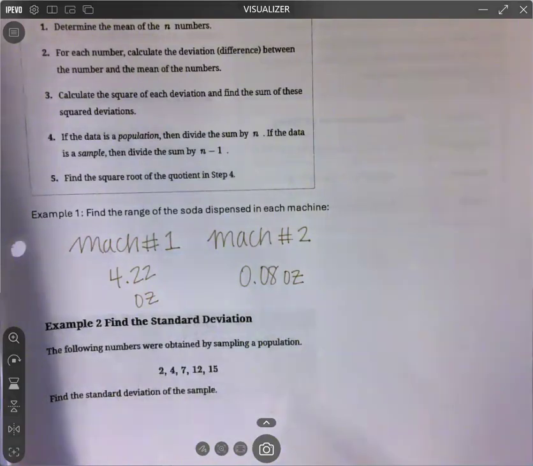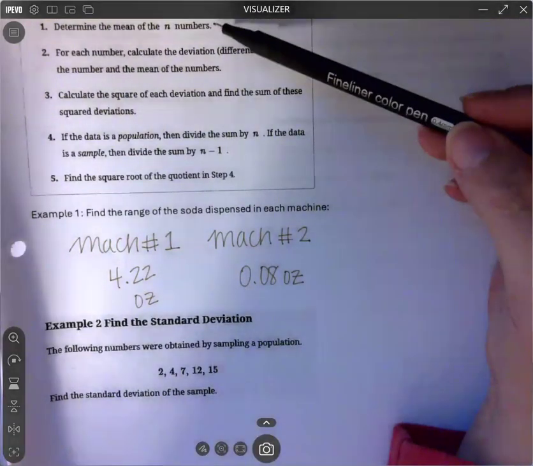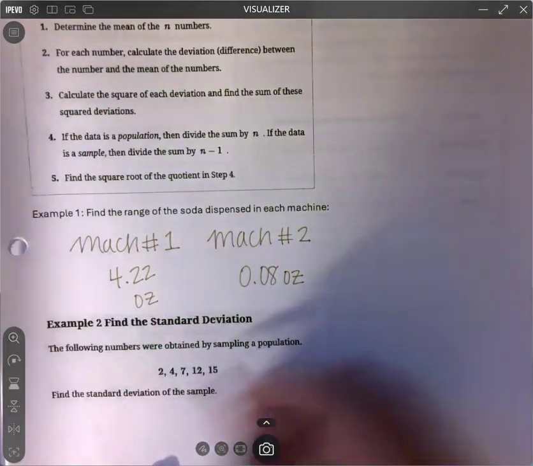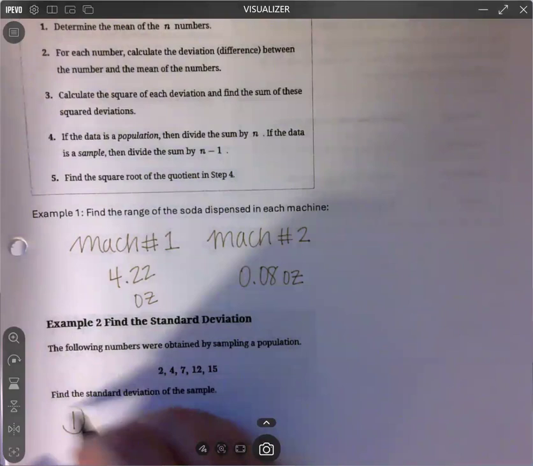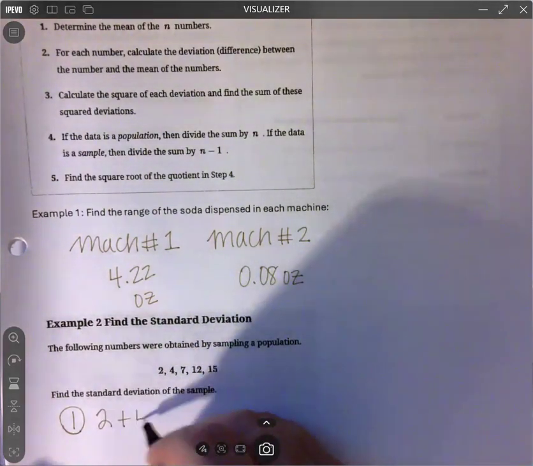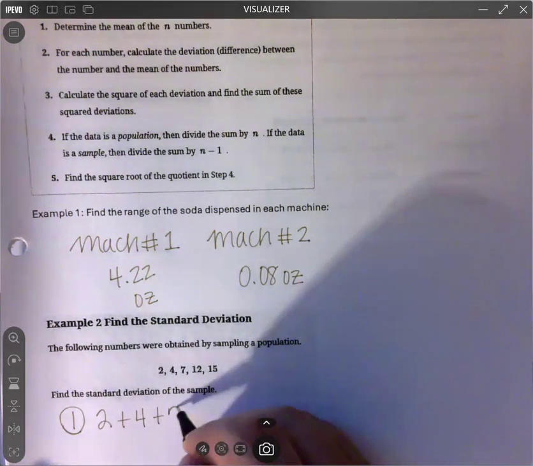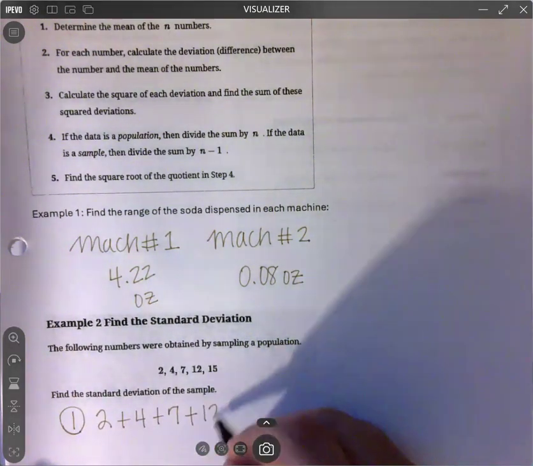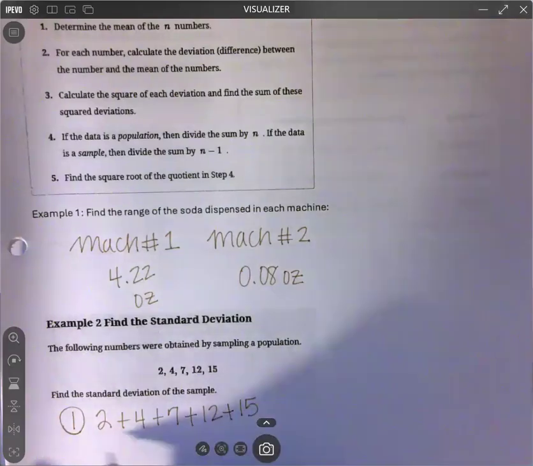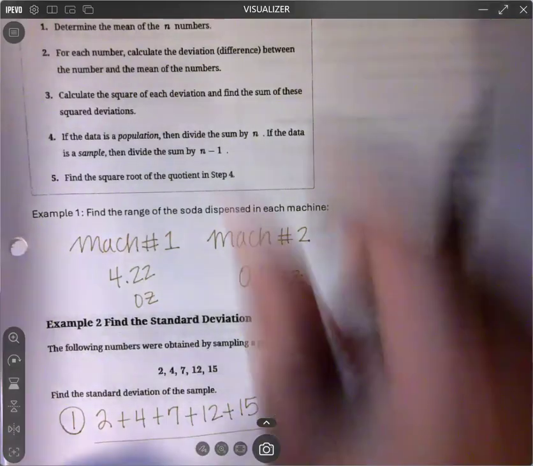Step number 1 says determine the mean for the n numbers. So hopefully you remember, to find the mean, we're going to add all of the numbers, and then divide by how many numbers there are.